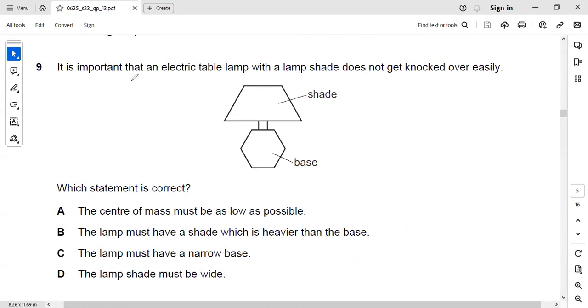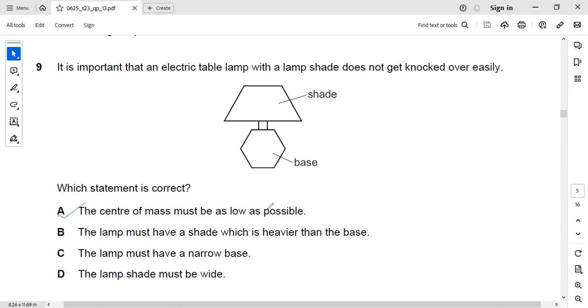Next, it is important that an electric lamp, table lamp with a table shade does not get knocked over easily. It should not get tip over. Which statement is correct? So here, the center of mass must be as low as possible.